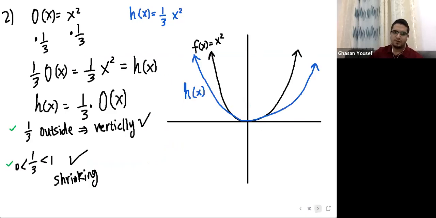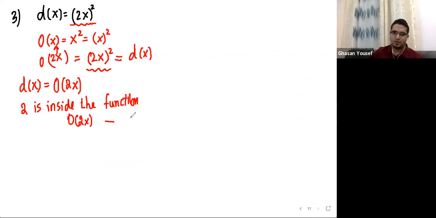So here I can say horizontal or horizontally. Now my second question, is the 2 between 0 and 1 or greater than 1? Greater than 1.